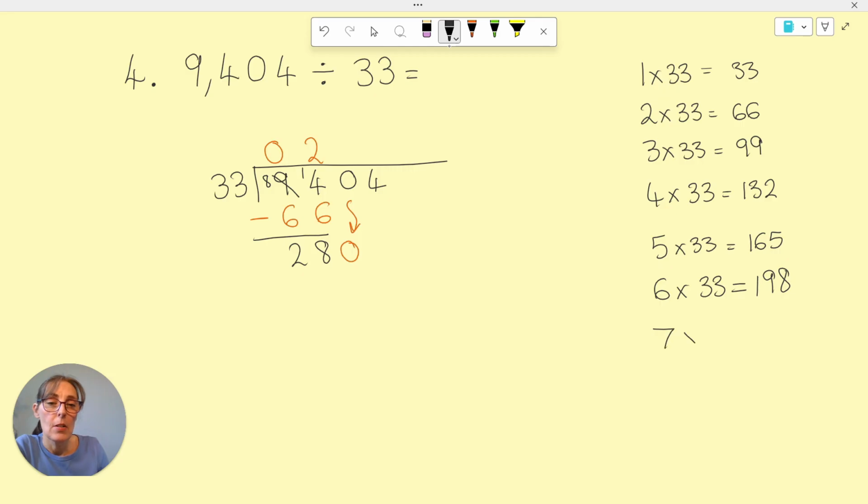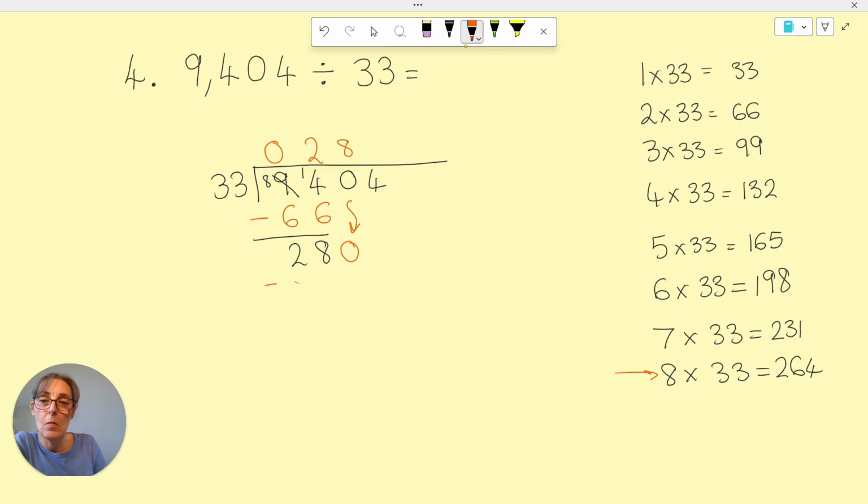Then 7 is going to be 231. Yeah. And 8 33s is 264. Yeah. Right. I know we can't get more because 260, 70, 80, that is going to be 290 something. We've got 280, so we can fit in 8.